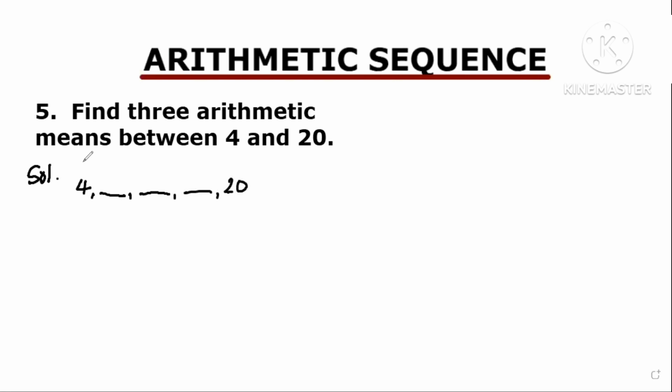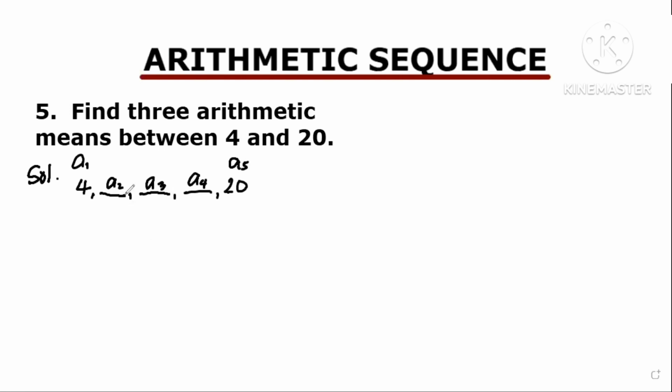So if this is the case, then 4 is our a sub 1, this is our a sub 2, a sub 3, a sub 4, and 20 is our a sub 5. In other words, to solve for the arithmetic means for between 4 and 20, it also means solving for a sub 2, a sub 3, and a sub 4.